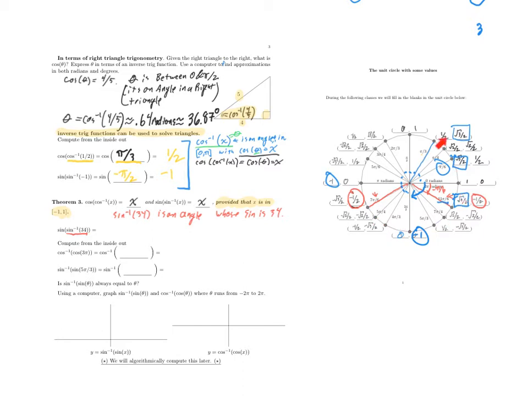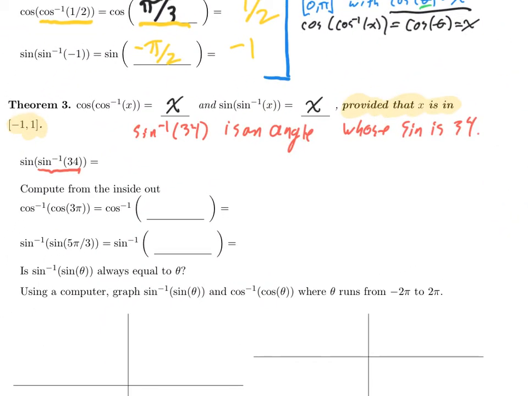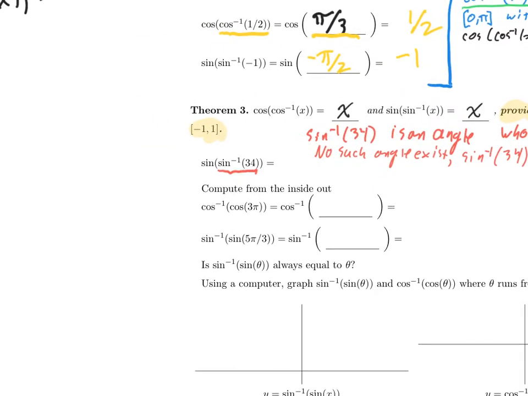But no matter how many times you spin around, you only see y values between -1 and 1. You will never see a y value of 34. So there's an issue here. No such angle exists. So sine inverse of 34 does not exist. And you can't take the sine of something that doesn't exist. So the sine of the inverse sine of 34 does not exist.